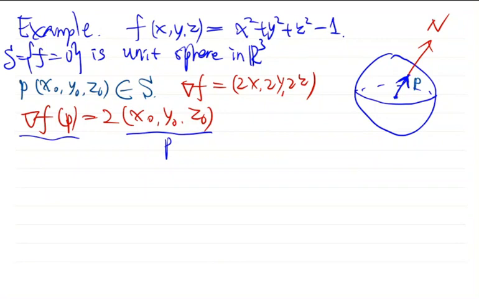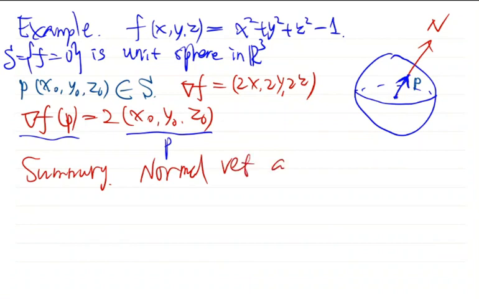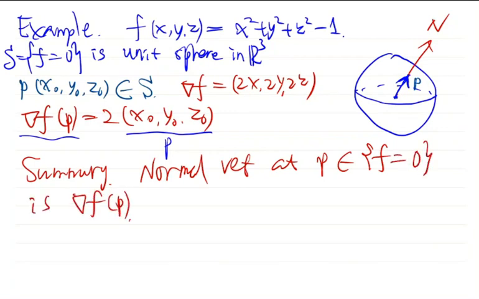Maybe I will write a summary. The normal vector at P in the surface f equal to 0 is the gradient of f at P.